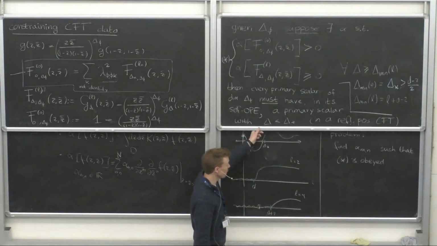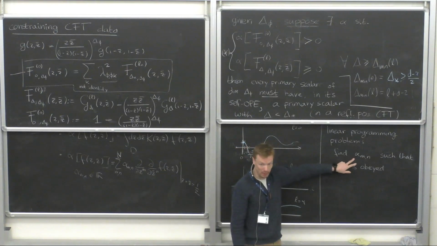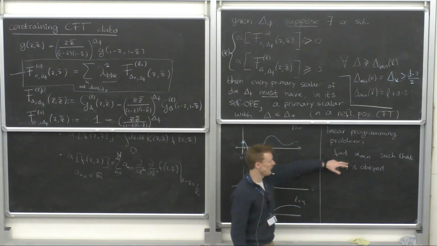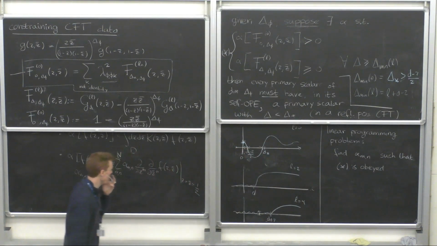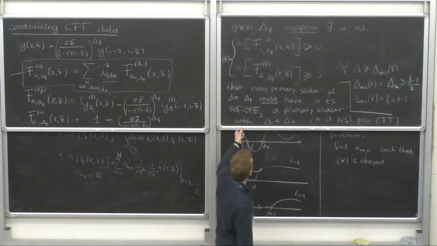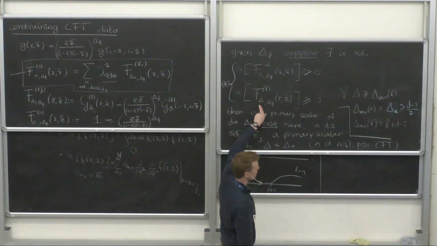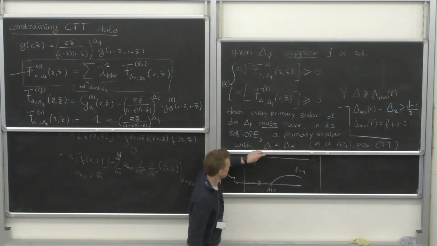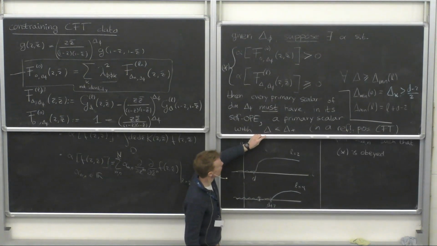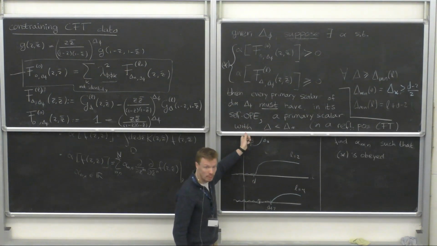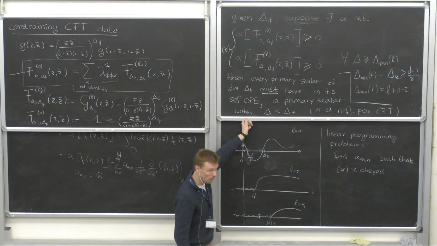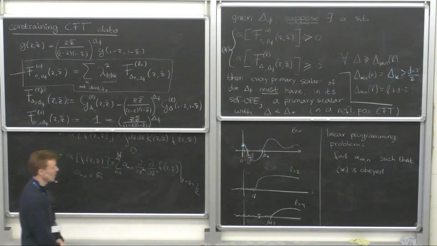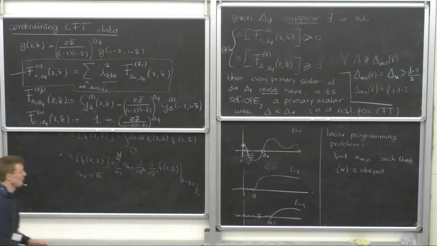Right? So you're searching around in a finite dimensional vector space to find a linear combination, alpha Mn, such that you get the required positivity constraints on a continuum of deltas for each L. So in the old days, what we did is just discretize.